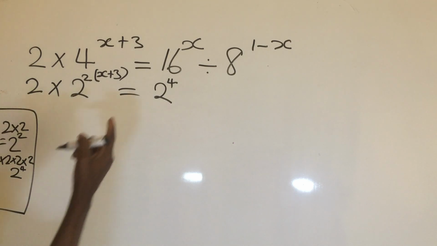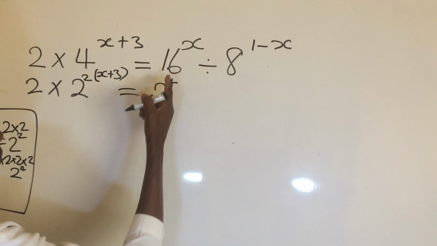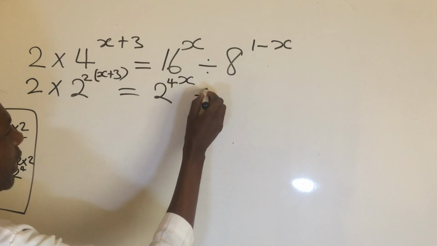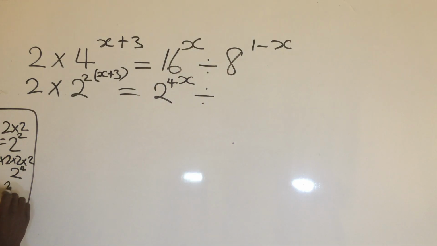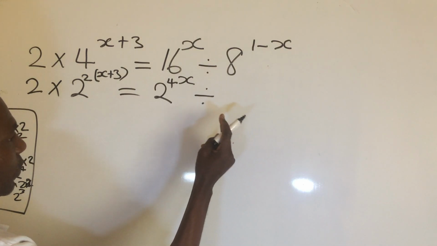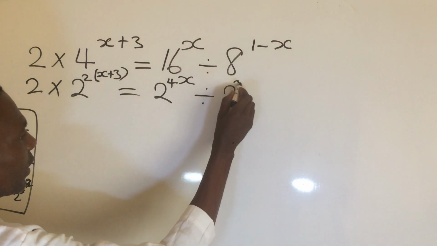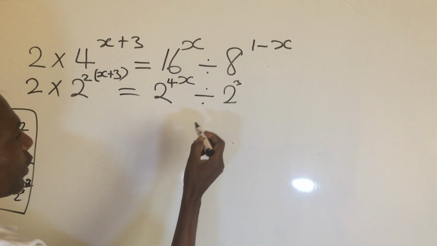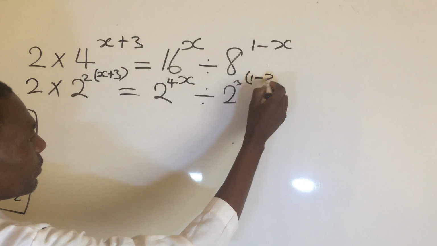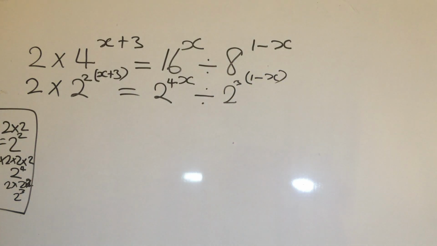Therefore, x is already there as power. We now fix it. 2 times 2 times 2 is 2 raised to power 3, which will give us 8. Then we still fix the power there, which is 1 minus x. Now we have succeeded in converting everything to base 2.